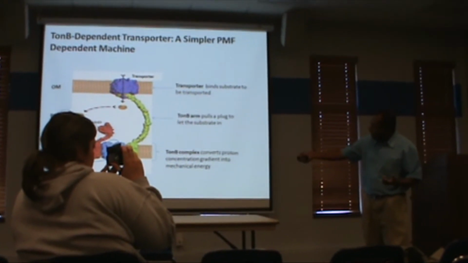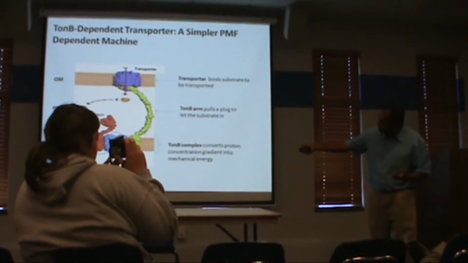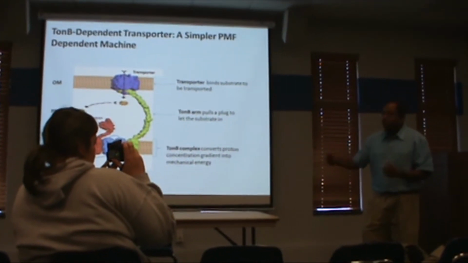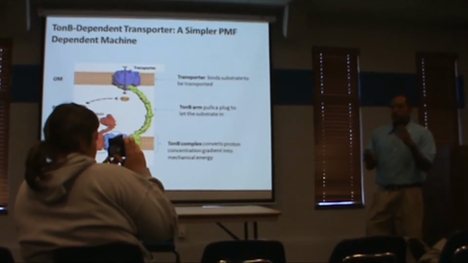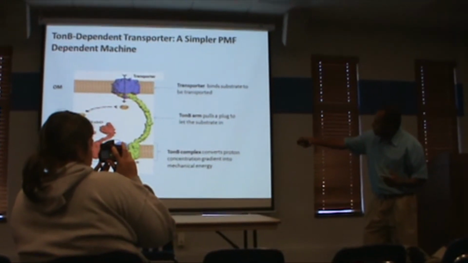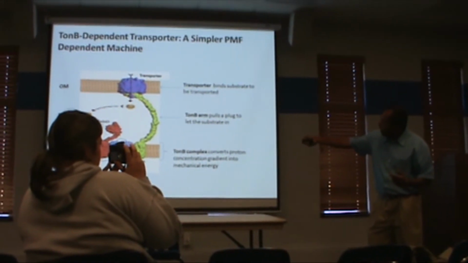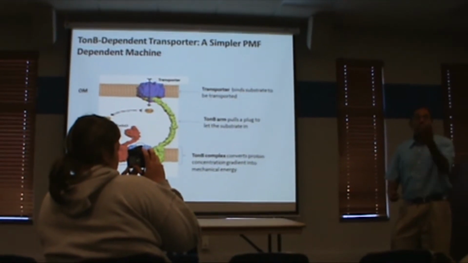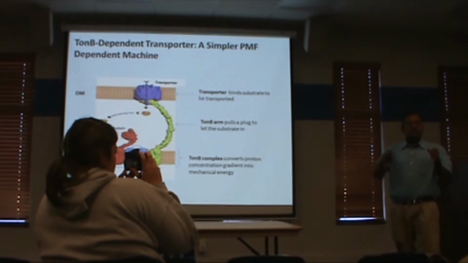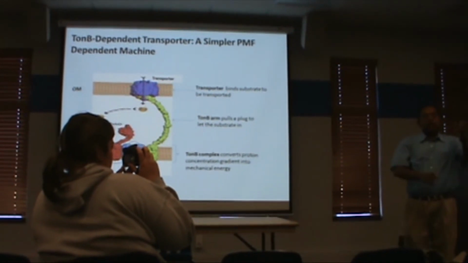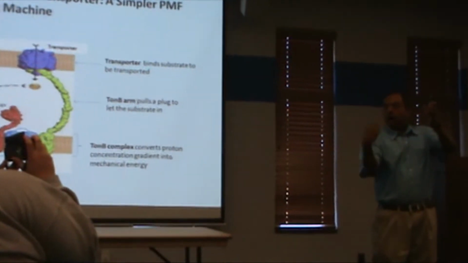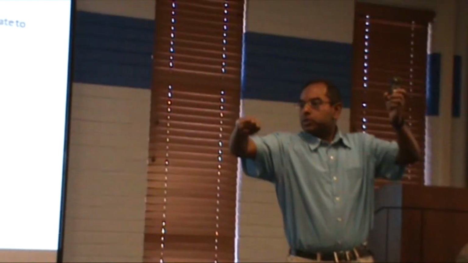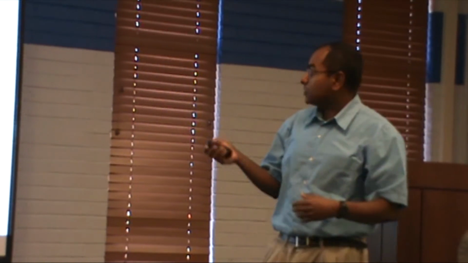What it does is, when the proton flows through this machine, it undergoes a conformational change, and this change is extended through this arm to pull a plug at the end of the transporter to release the substrate. The substrate will come in and sit there, and it can't get into the cell until TonB opens the door for it. So that is how this is working.